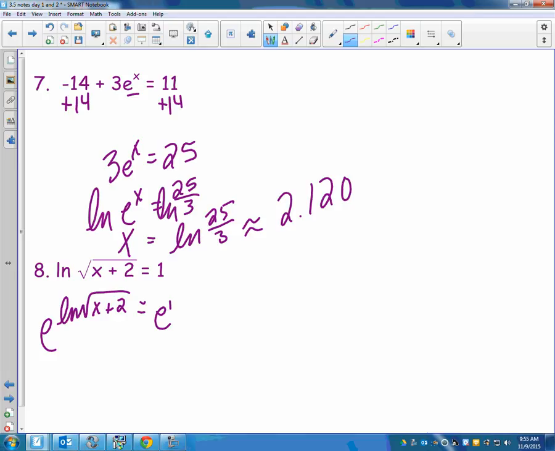And then what happens here, this cancels out, and I get the square root of x plus 2 equals e. To undo square rooting something, I'm going to square both sides.